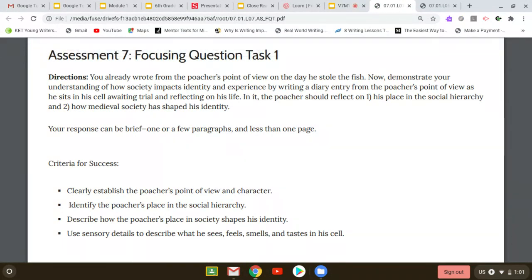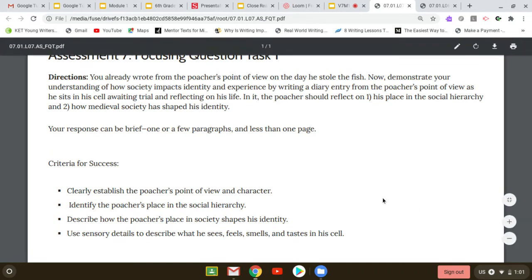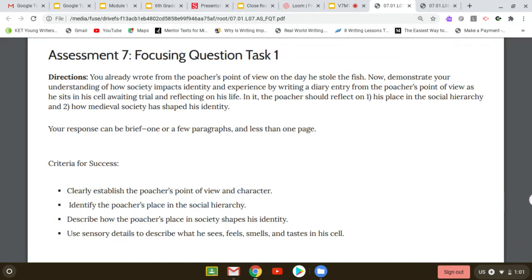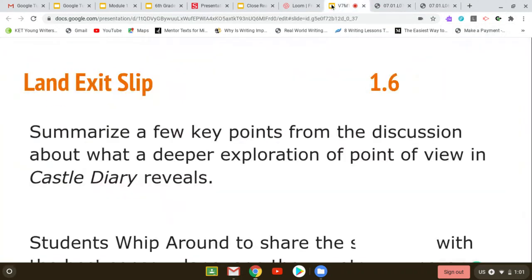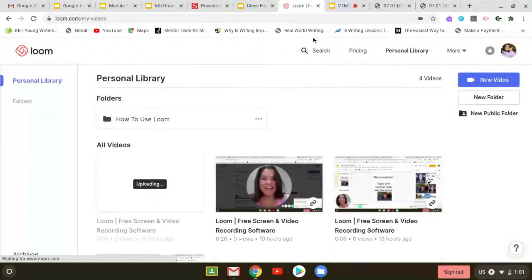You're also going to want to add in, depending on how your teacher is assessing it, this idea of the poacher's place in social hierarchy, how that plays a role in what's happening to him in the diary entry. So how that shapes who he is as a person, which goes back to that essential question about identity. So I hope that this has been helpful.